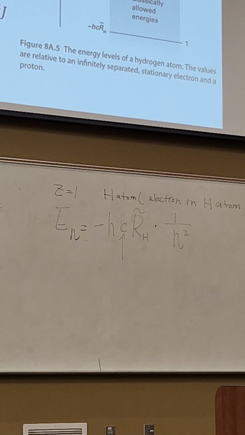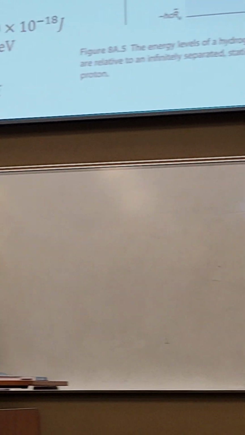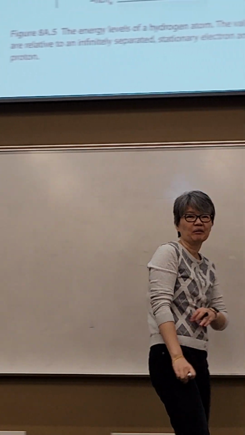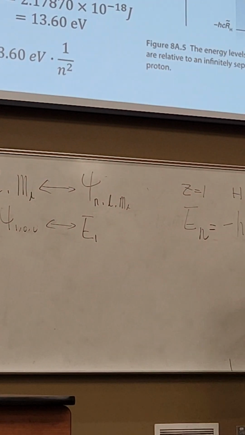For those of you who want to try, you can calculate this constant and see if it matches with hc times that constant. There's really nothing fancy, just a substitution.